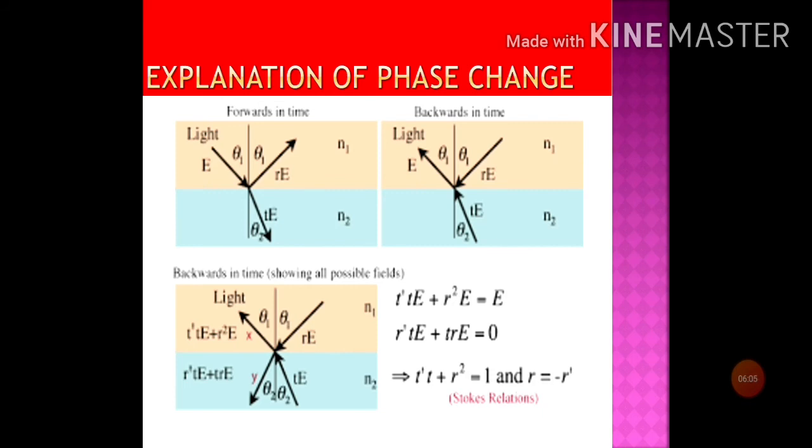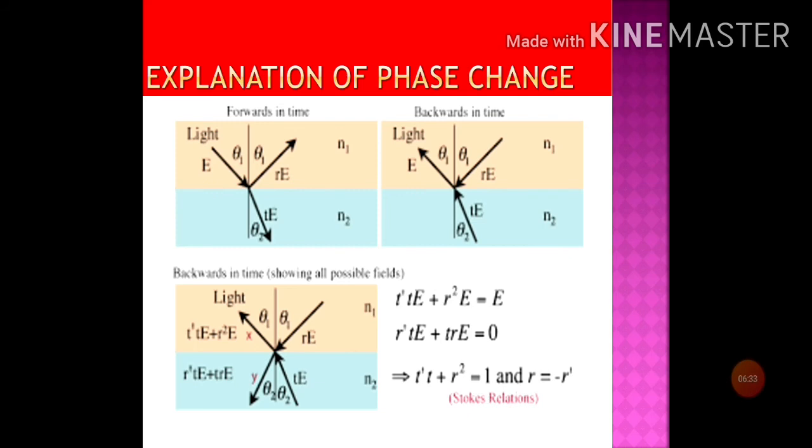The next part will be refracted in medium 1, and its amplitude will be TE multiplied by T dash. Why do I use T dash? Because this is going from medium 2 to medium 1, and T dash is its transmitting coefficient, right? So you can see that I have taken the amplitudes of all the reflected and refracted waves.